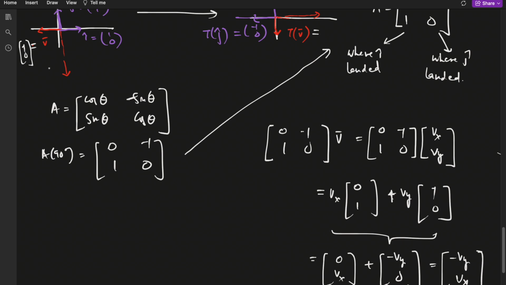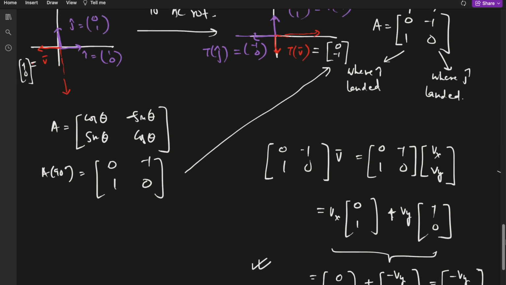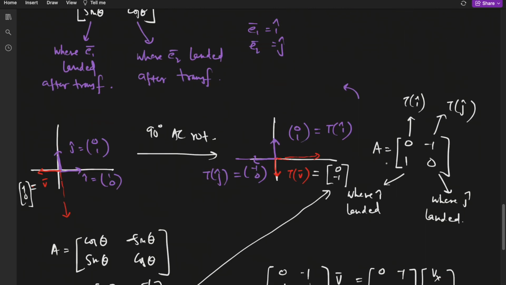So vy was 0, so minus 0 is again 0, and vx is minus 1. So I think that is correct, right? Minus 1 comma 0 is transformed to 0 comma minus 1. So this is right.